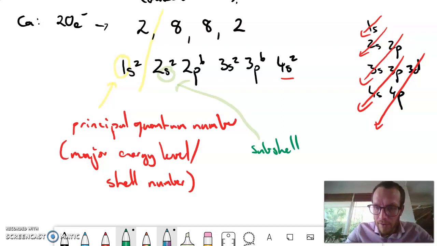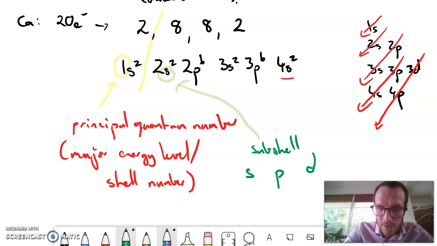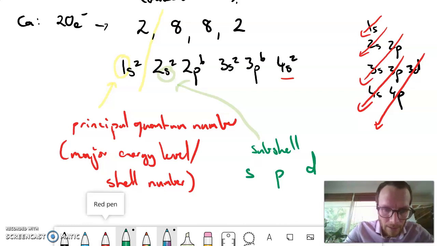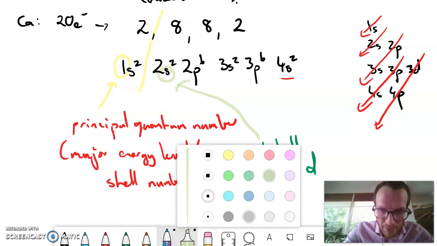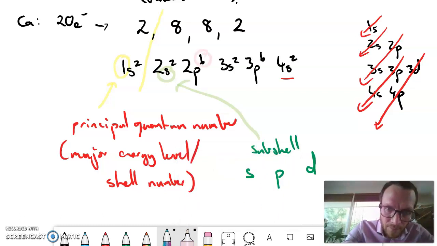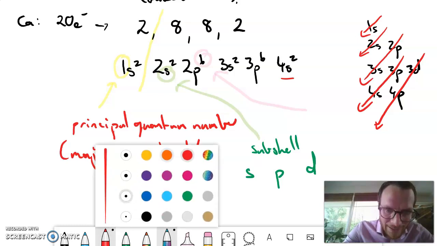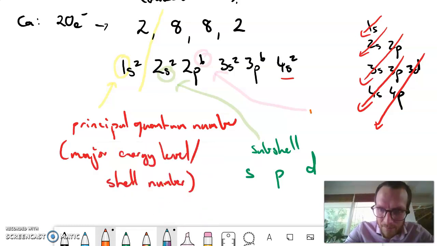And so remember, we've got our 4 different types of subshells. We're not really going to even go into F. So let's just look at the main ones which we use: S, P, and D. The last bit of information that we get, in superscript here, refers to the number of electrons in that given subshell.